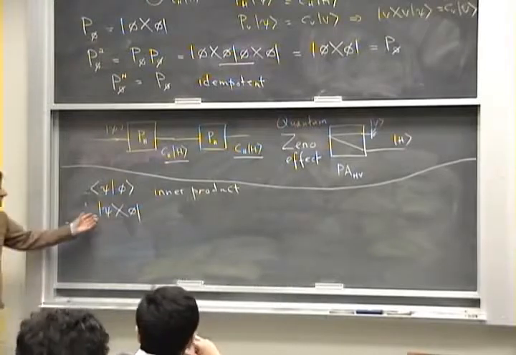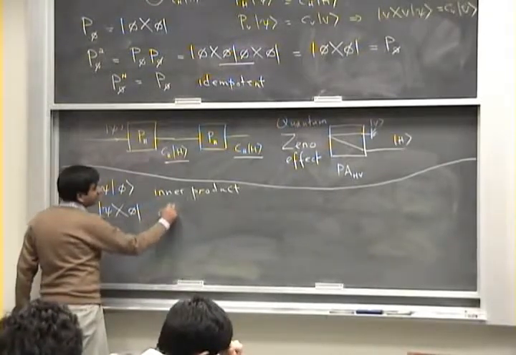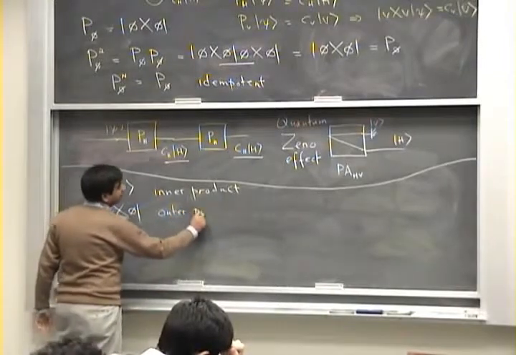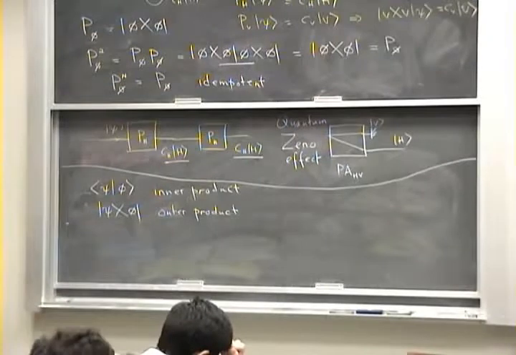This kind of operator is called an outer product. And we'll see how to represent this.